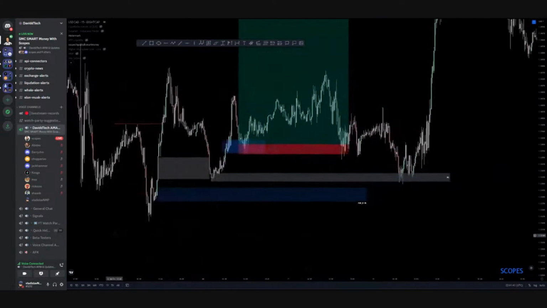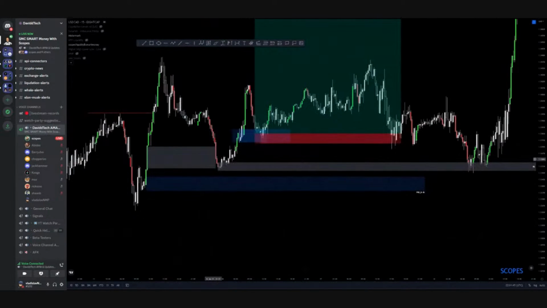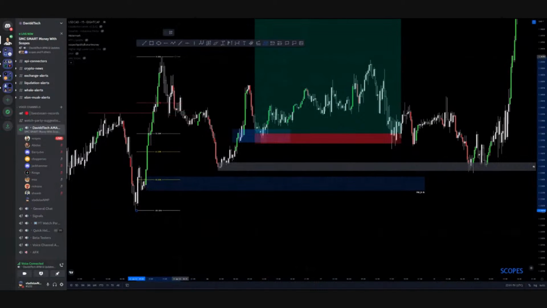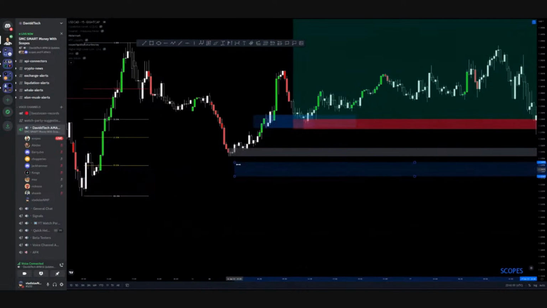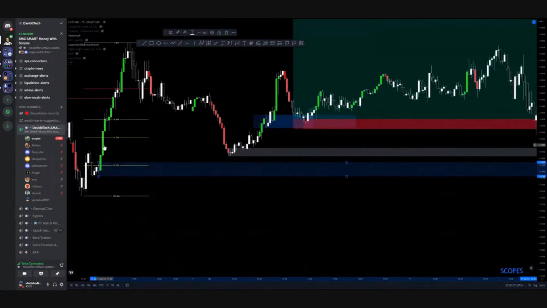I counted it as retraced enough, because if you look, it's retraced into the zone. This was the candle that I chose, because obviously you can see it goes straight up.